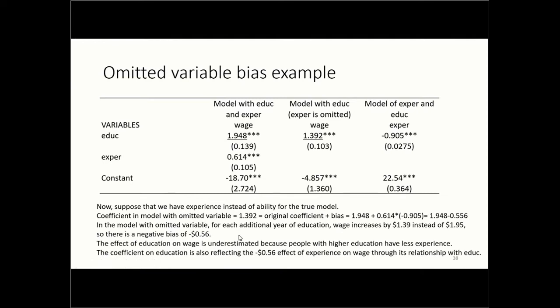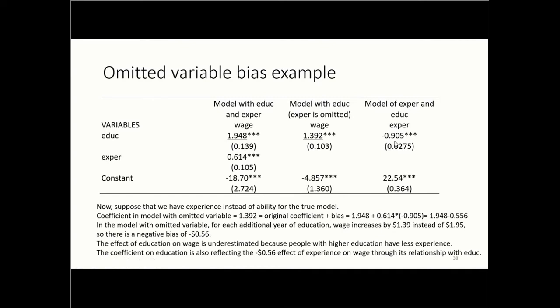So now instead of saying that education increases wages by $1.94 for each additional year of education, we're saying that it increases by $1.39. And that is coming from the negative relationship between education and experience. Here more educated people have less experience, and that's why this bias is negative.